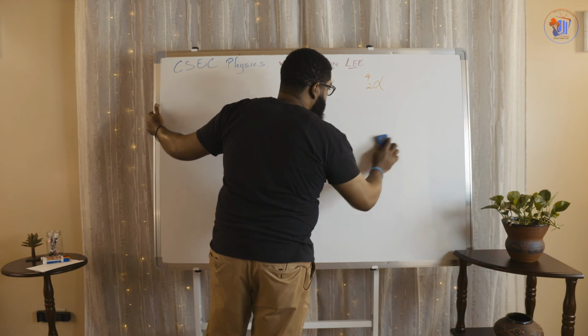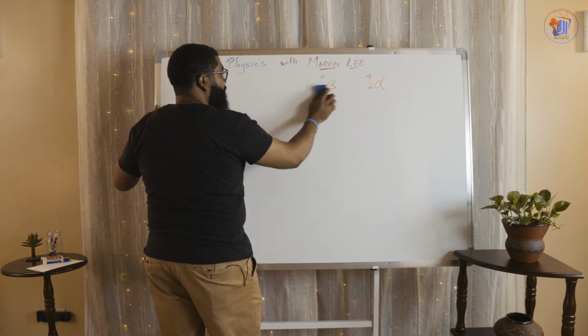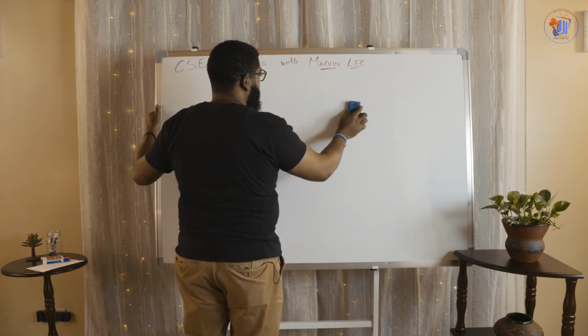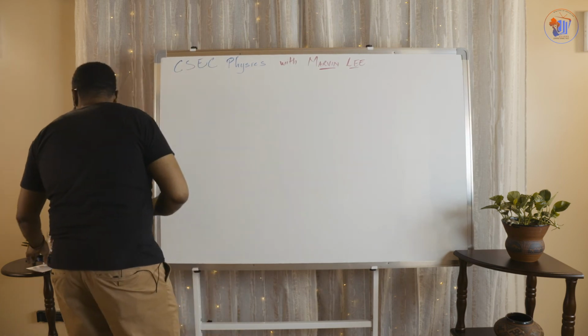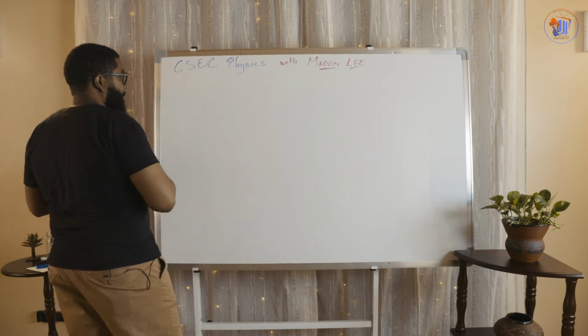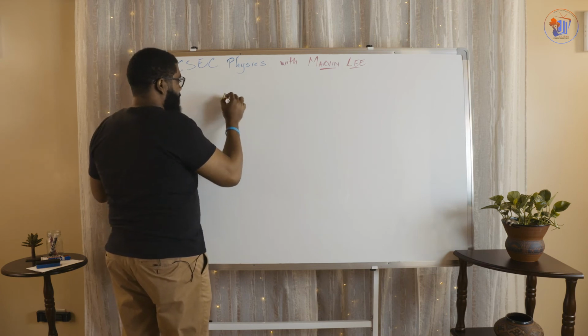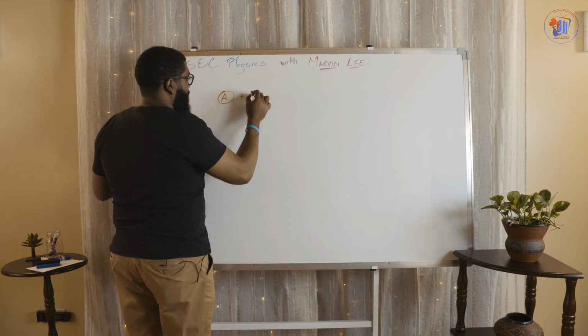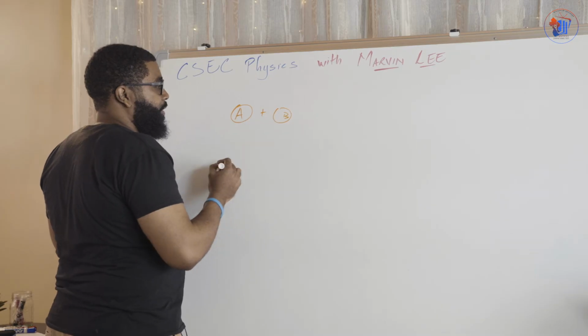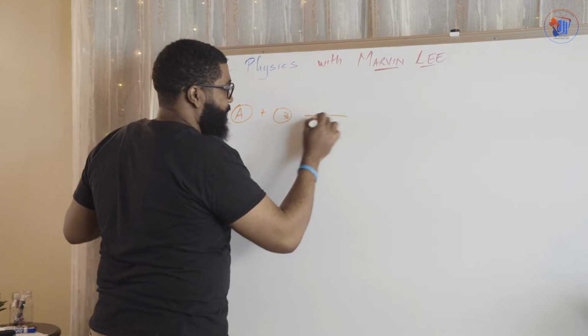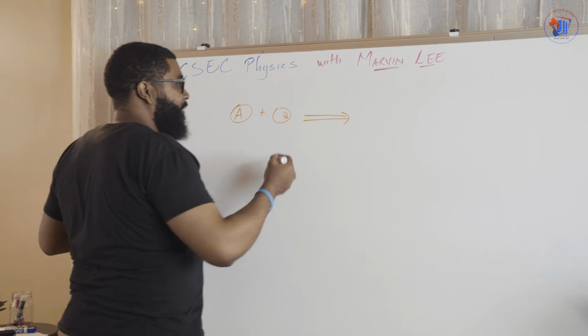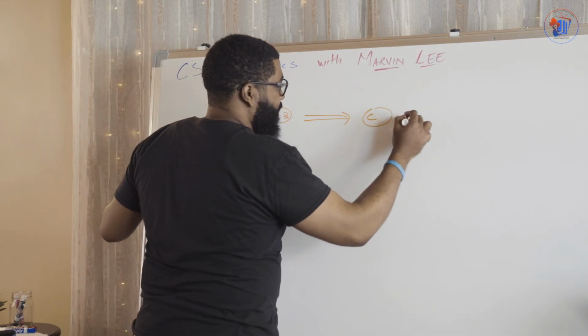And in each of these two nuclear reactions, both fission and fusion, mass is lost. Now you might be like, how is mass lost? Well, let me explain. So let's assume for any reaction, we have some material A and some material B. Then the reaction happens. And then we have some C and energy.